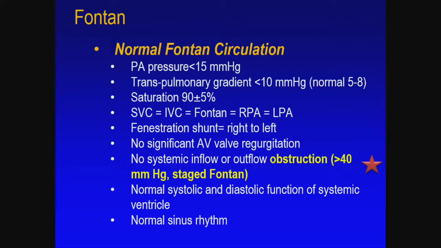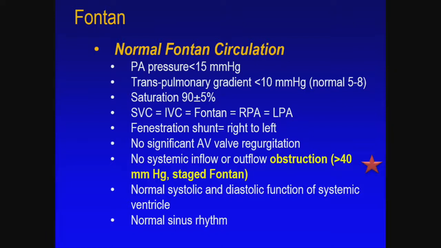And when Fontan published his initial paper, he talked about the kind of patient who should have a Fontan and what a normal Fontan should look like. And to a great extent, it still holds true. Some of the numbers to remember are PA pressure should be less than 15, okay, in a Fontan. The Fontan pressure should be less than 15.